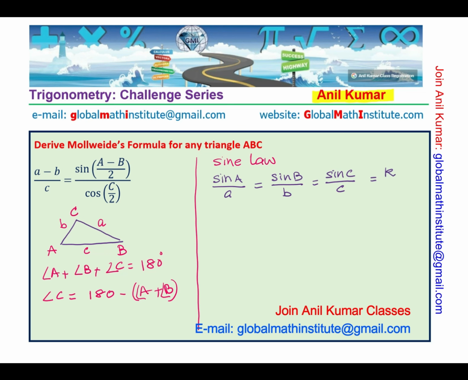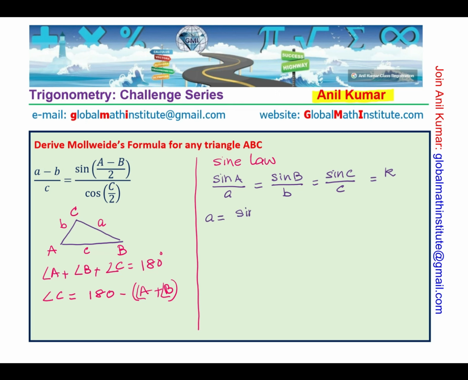So you can write a, b, c in terms of sine A, sine B, sine C. We just cross multiply: a equals sine A over the constant K, b equals sine B over K, and c equals sine C over K. So this part can replace (a minus b) over c, as you can see.